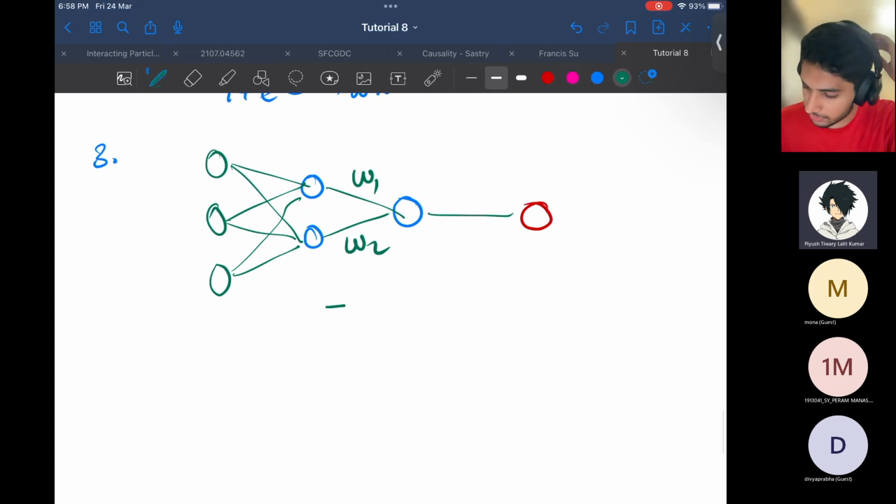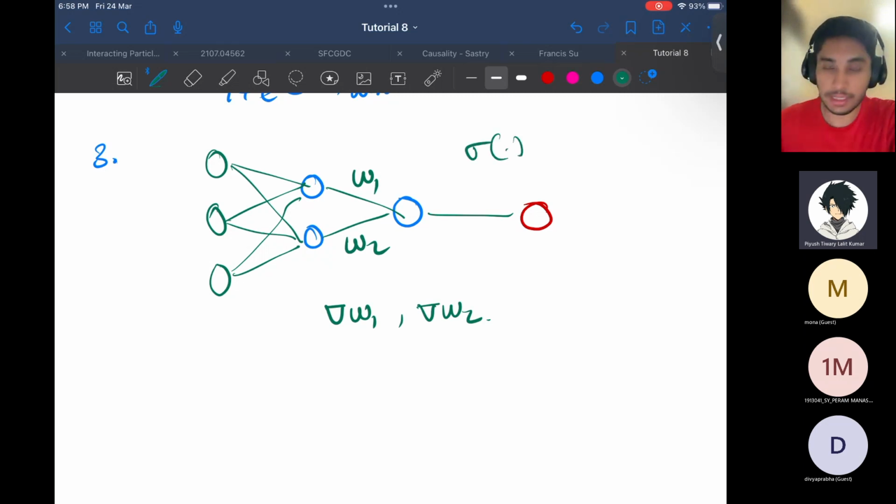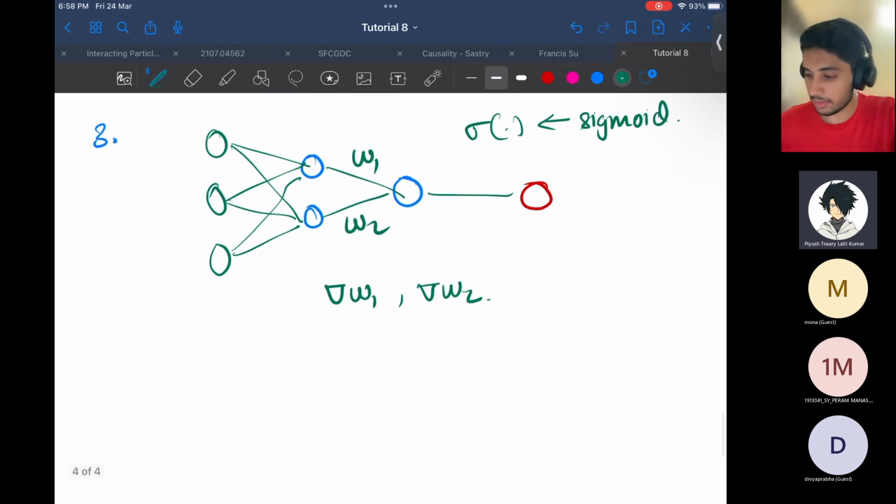So we are being asked what the possible values of gradient of W1 and gradient of W2 are. And what are we given? We are given that the activation function is sigmoid. This we know.